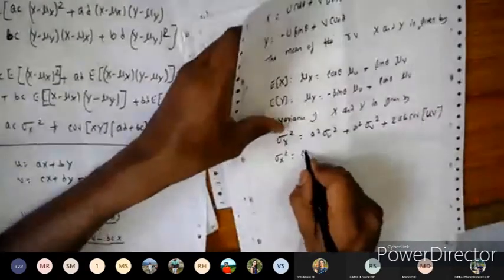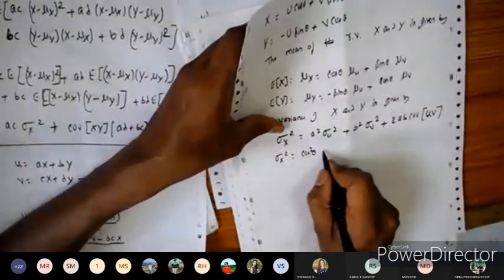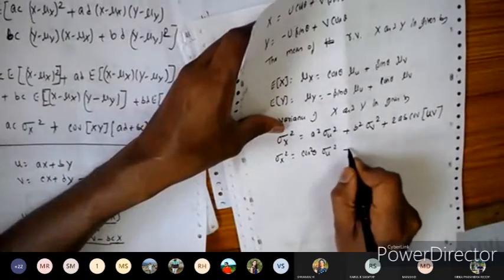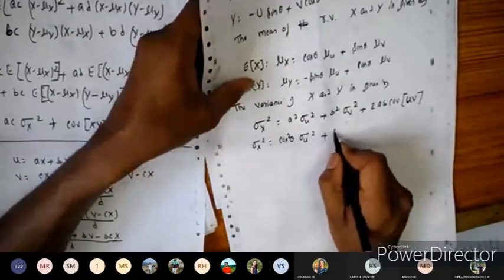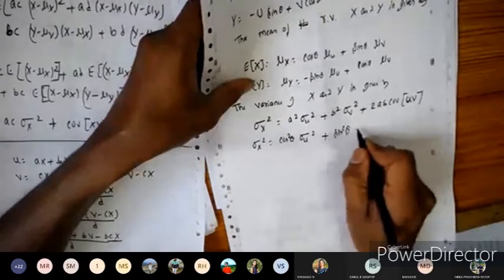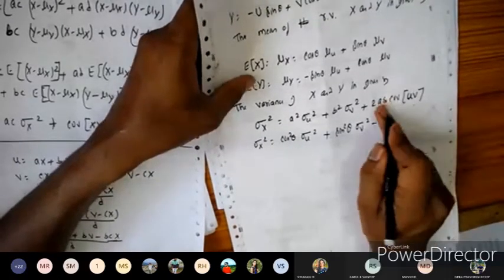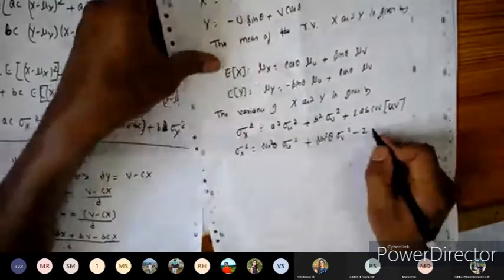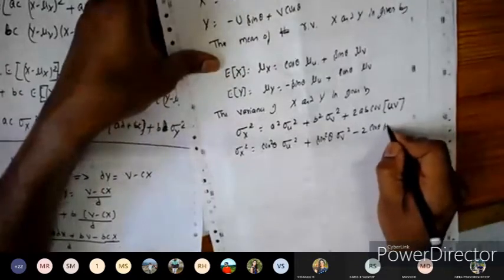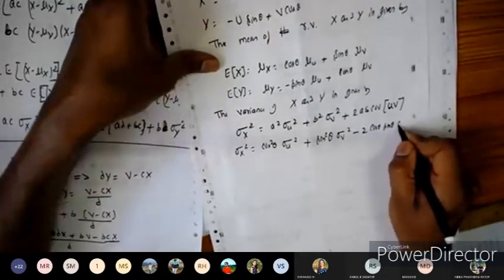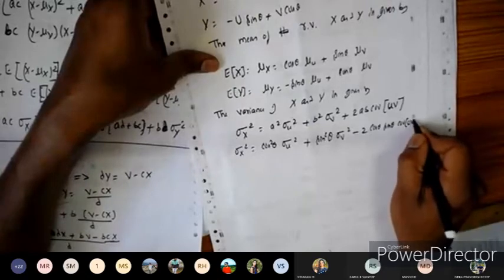So we get cos square theta into sigma u square plus sin square theta into sigma v square, minus 2 cos theta into sin theta into covariance of u and v. Covariance of u and v we get here.